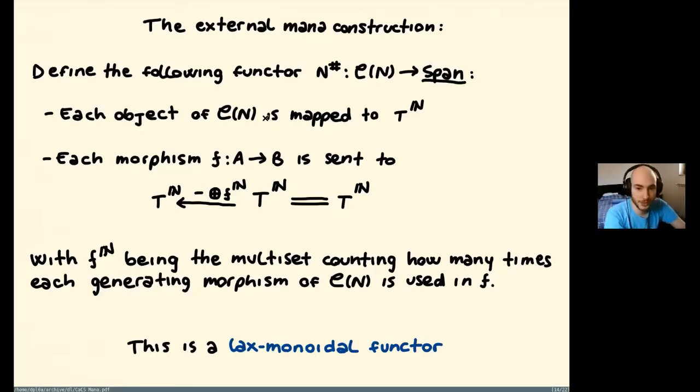The action on objects of this functor is just mapping every object to this set, TN, and each morphism is sent to this span, in which FN is just a counter for generating morphisms used in F. And this is a lax monoidal functor, so it respects our definition of non-local commutative semantics.